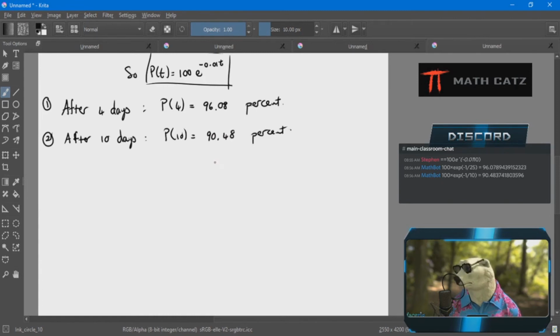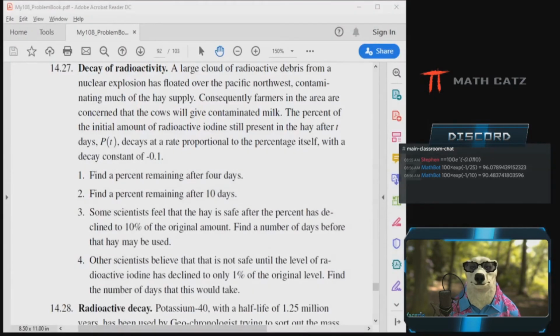All right, so basic, plug in a time value and get how the amount has changed. That is definitely the most basic kind of question. Let's see what else they have here.